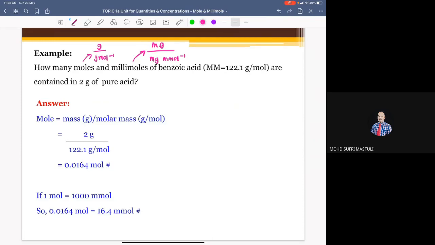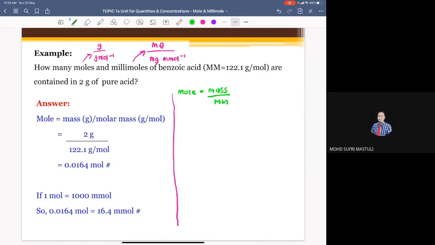I give you the answers, but you can try to calculate this your own way. Okay, so as we know, mole is mass over molar mass.